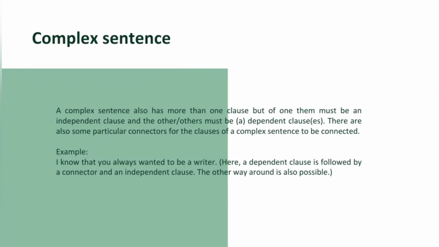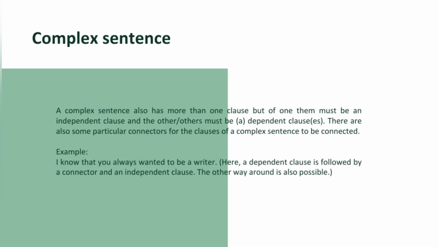For example, I know that you always wanted to be a writer. Here, a dependent clause is followed by a connector and an independent clause. The other way around is also possible.